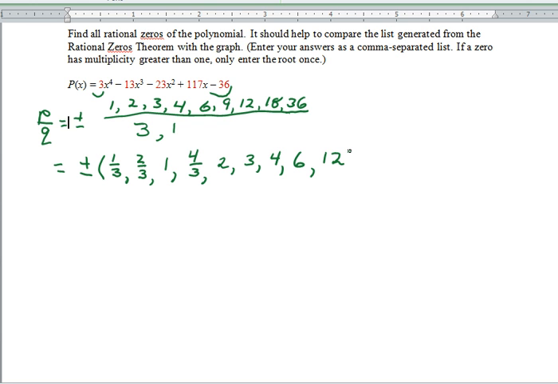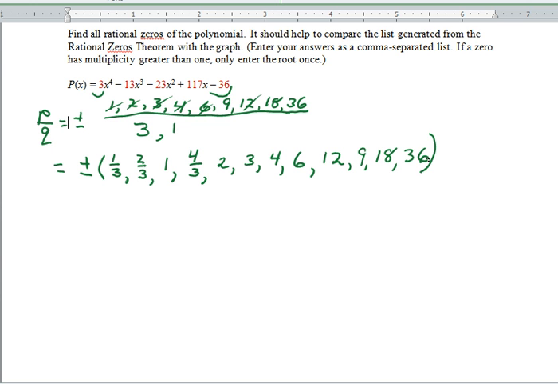Now, I'm not going to reuse any of the candidates, so I've already used 1, 2, 3, 4, 6, and 12. We should add 9, 18, and 36.